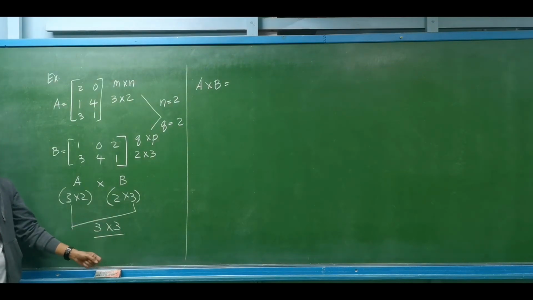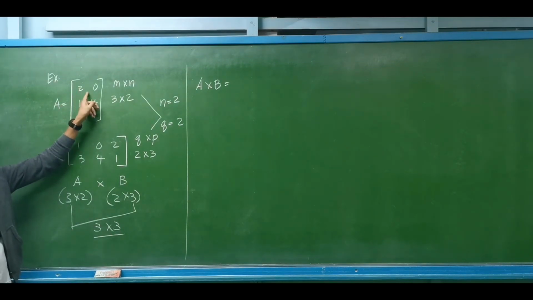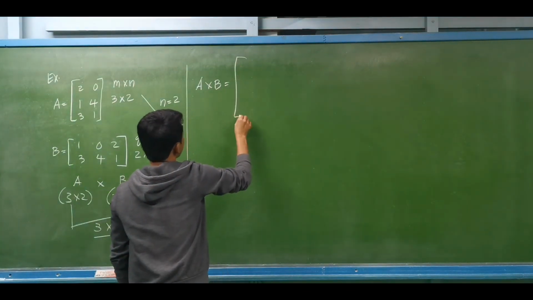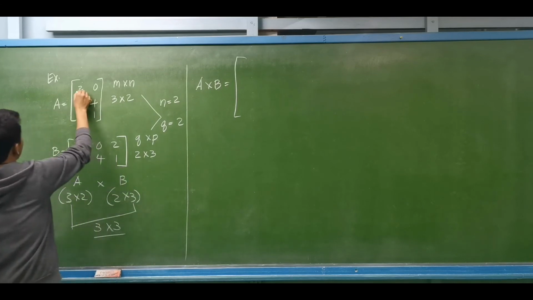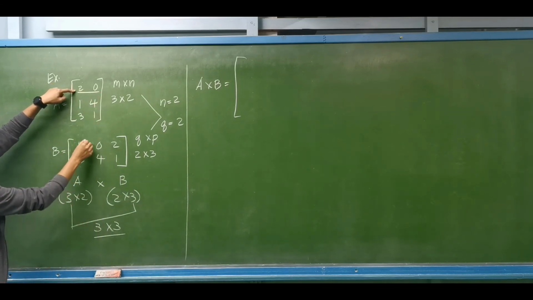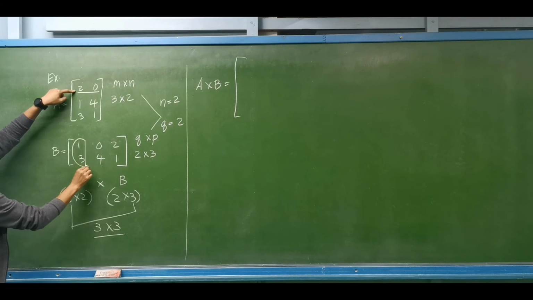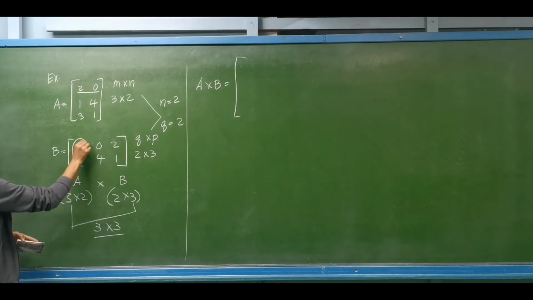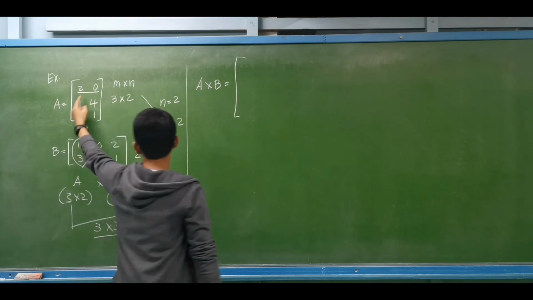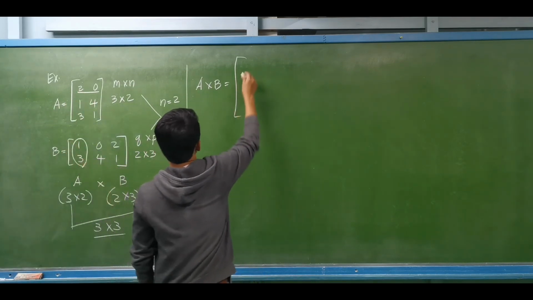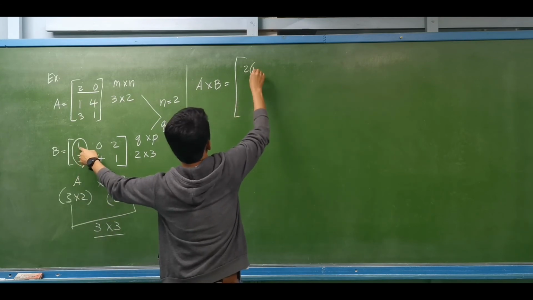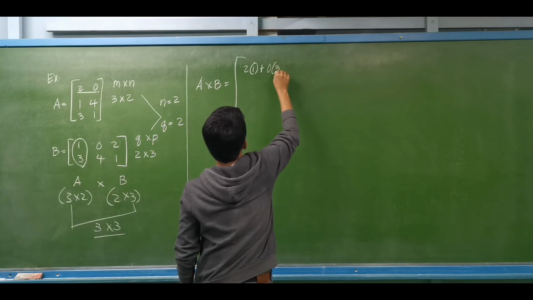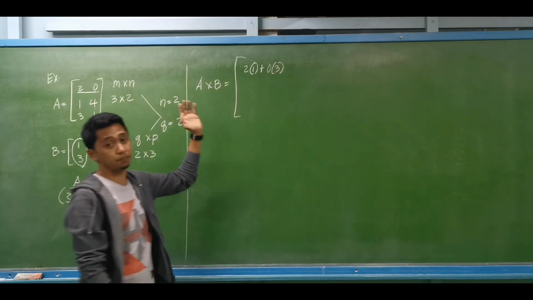All we have to do is multiply the rows of matrix A to the columns of matrix B. Let's have the first element: the first row of matrix A to the first column of matrix B. That is 2 times 1 plus 0 multiplied by 3. That is the first element of the first row.